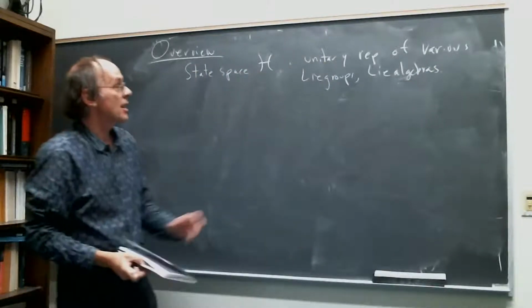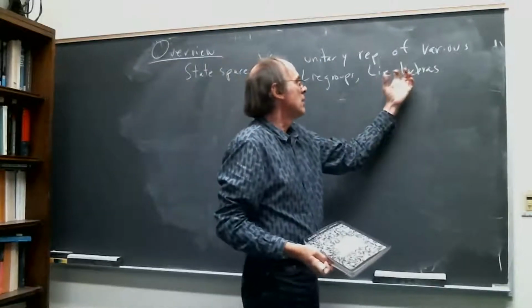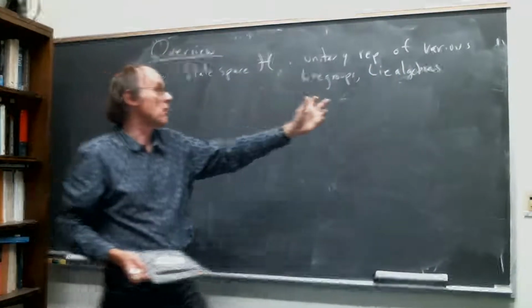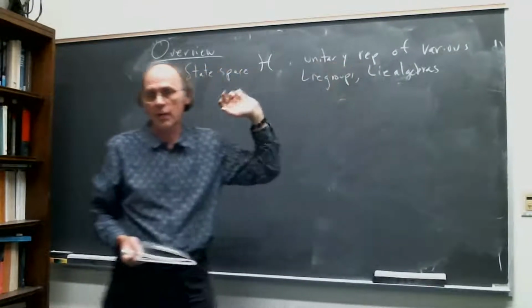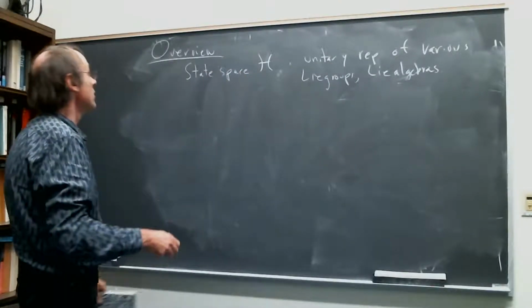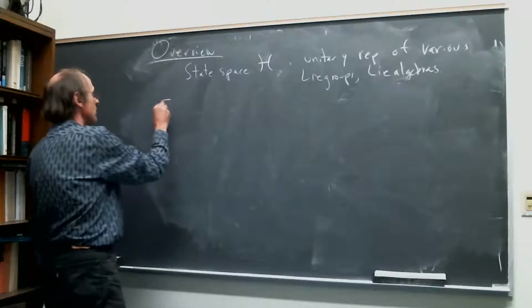It's these unitary Lie algebra representations that give you the self-adjoint operators that are the observables of the theory. And then the examples.